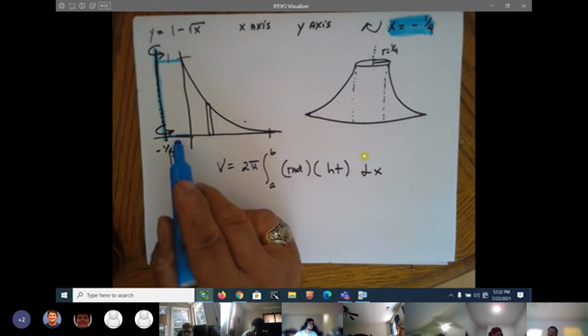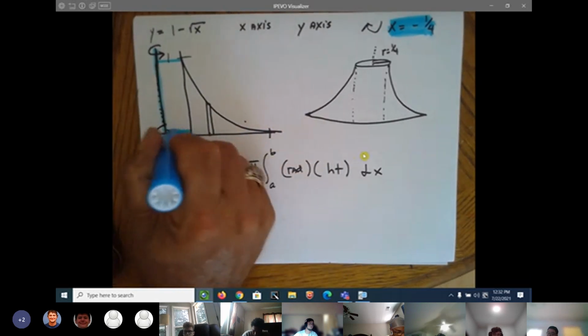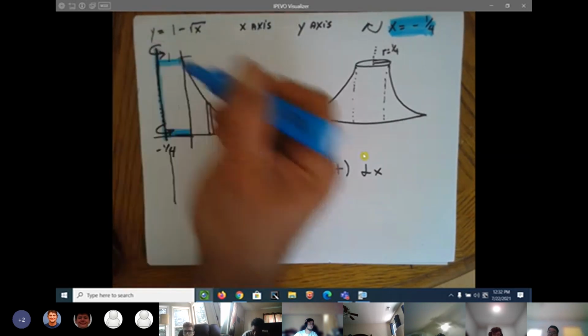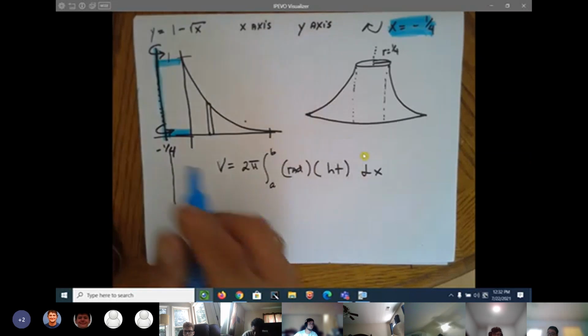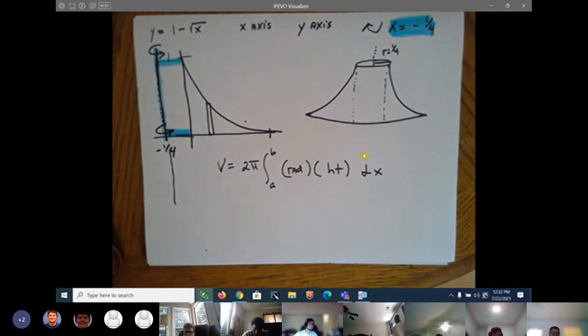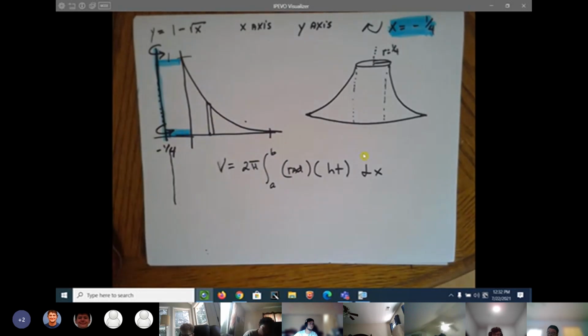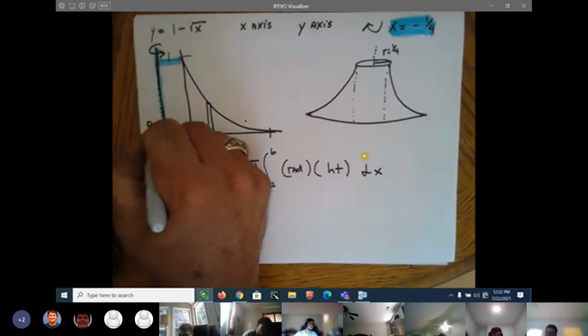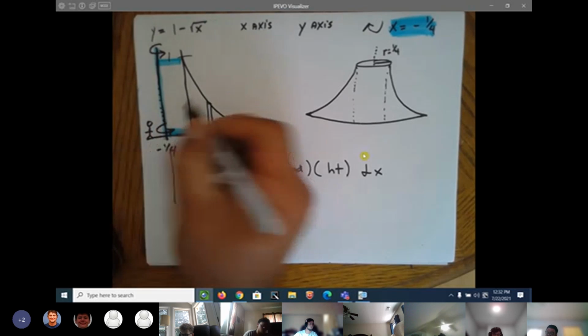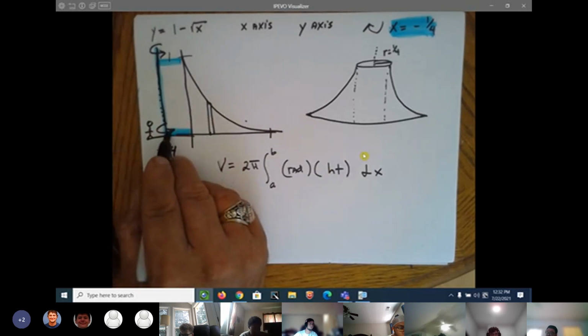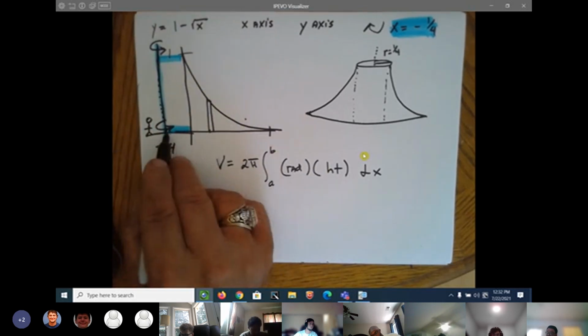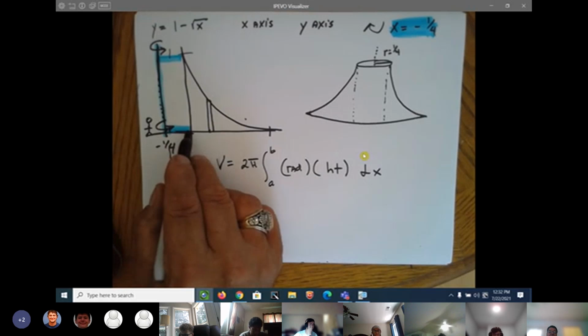I'd have to travel how far first? 1/4. So that 1/4 is going to come first, because I'm standing right here and I'm trying to get to my function. So I'm going to put a little man right here, and he's standing right here. In order to get to the function, he's got to travel 1/4 distance.